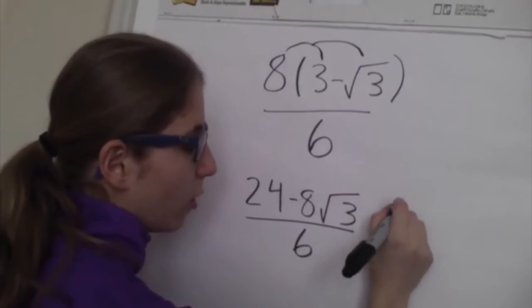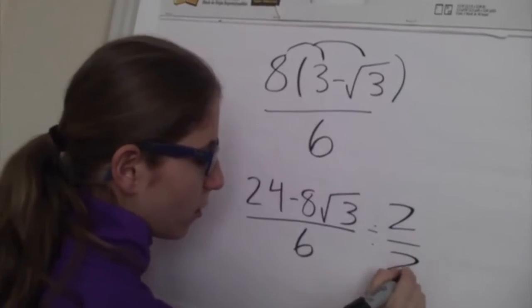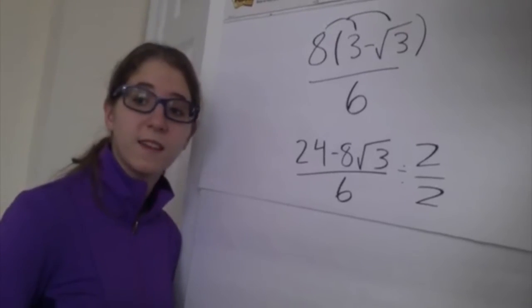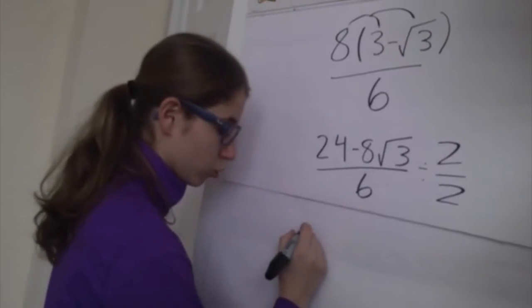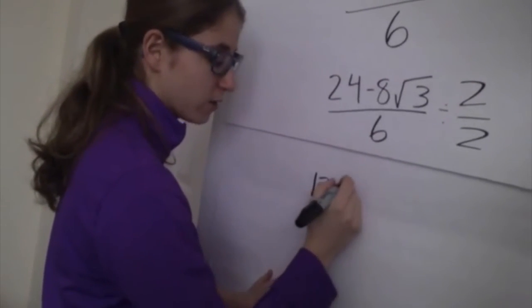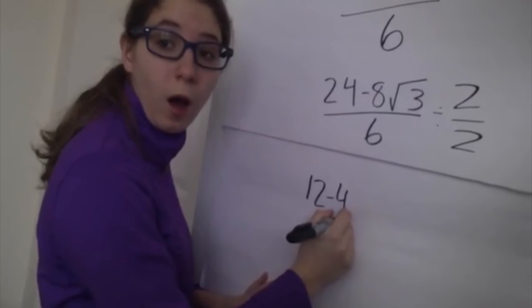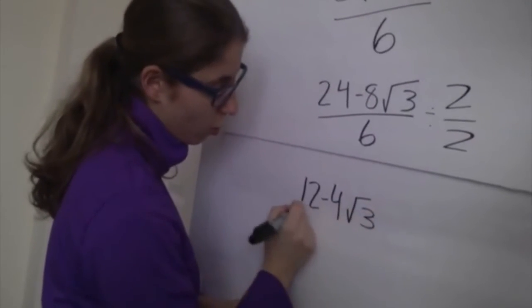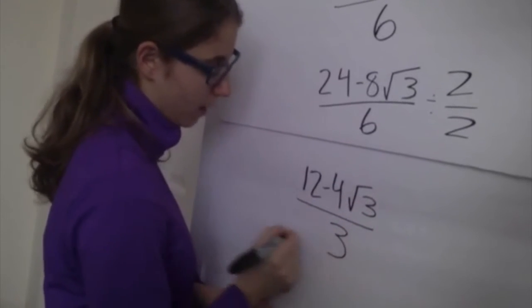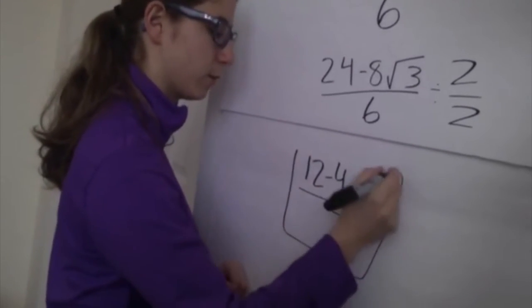So this gives us the simplest radical form of this problem, which is 12 minus 4 radical 3 over 3. And that is your answer.